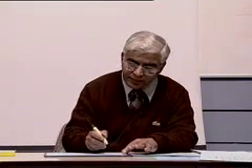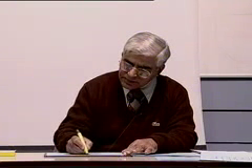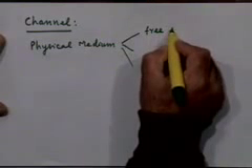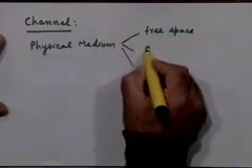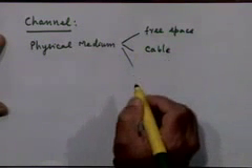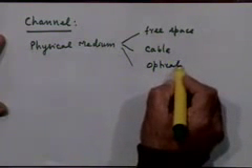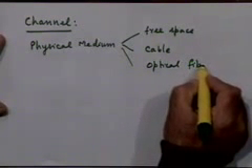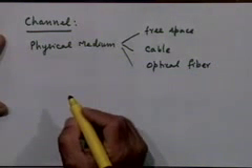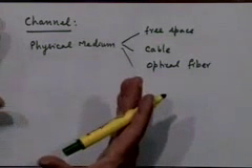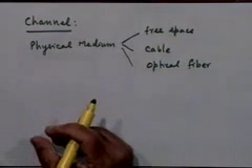Let me give you a few examples of this physical medium. You could have free space, you could have cable, you could have optical fiber. You can have various kinds of channels, physical mediums.